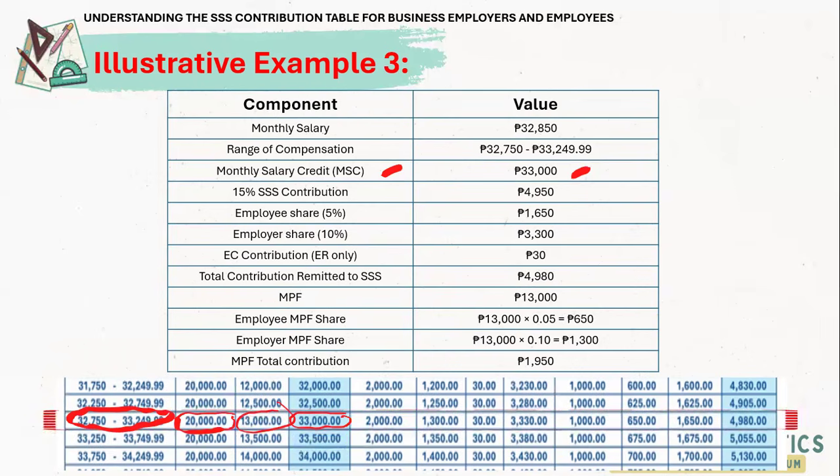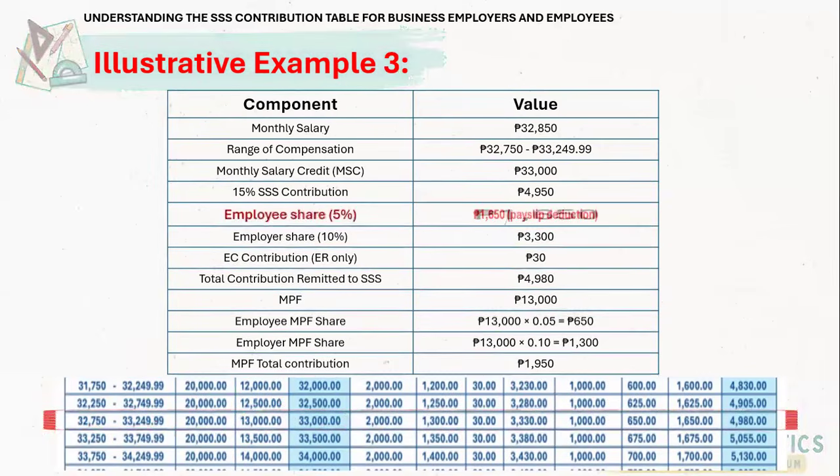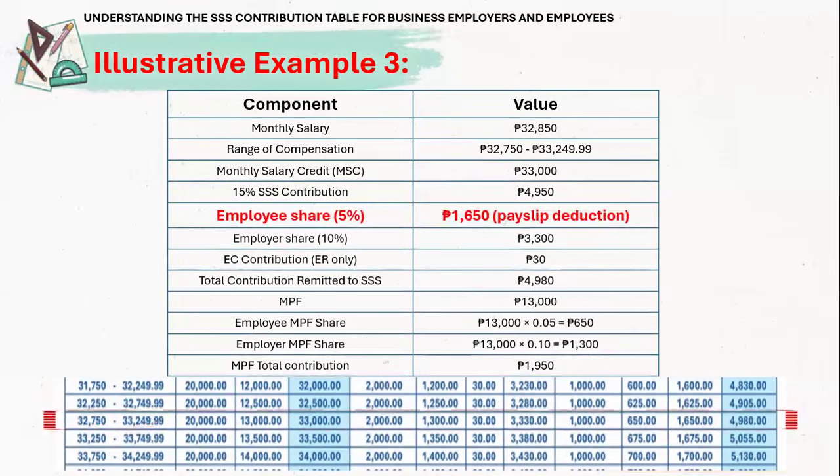So that's actually the same with the previous example. You will still have a deduction which is equivalent to 1,650. And the same MPF shares will be funded through your MPF total contribution.